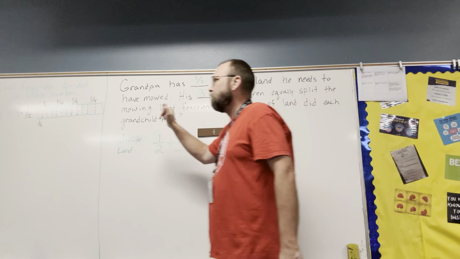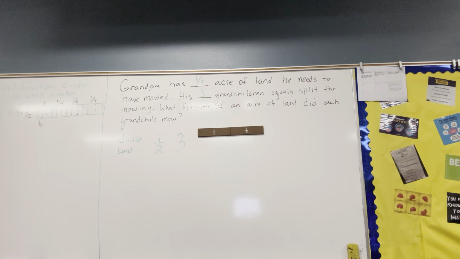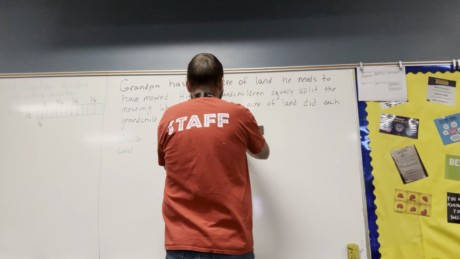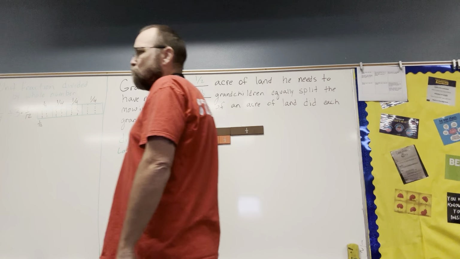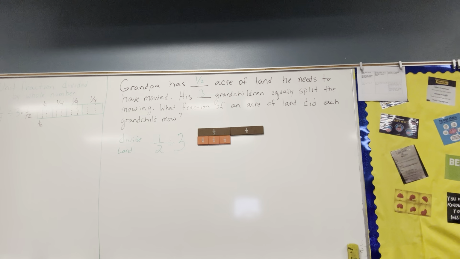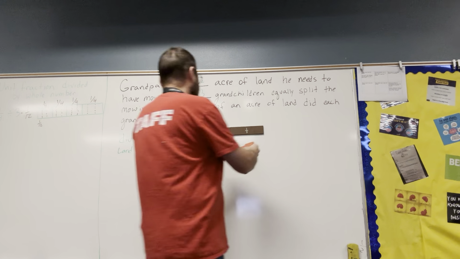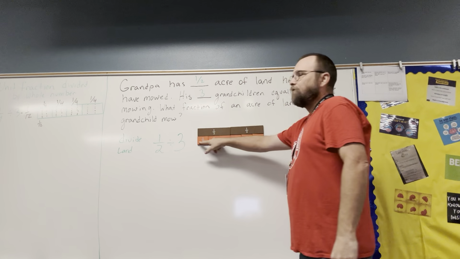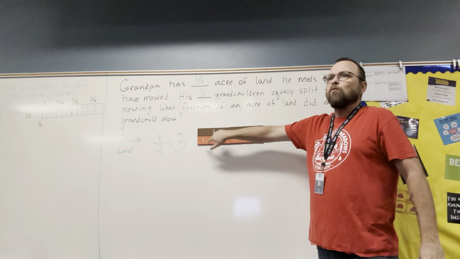My wise students in here said we're going to have to do 6 to split that up. That means 1/2 divided by 3 is going to be 1/6. Because I take 1/2 and I divide it by 3, which gives me 1/6.